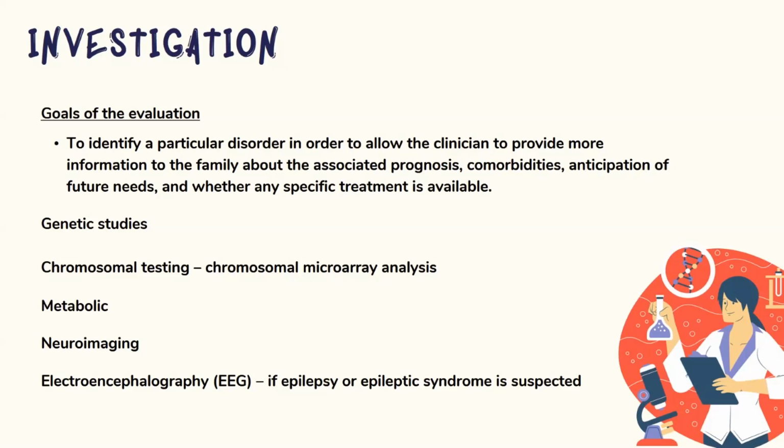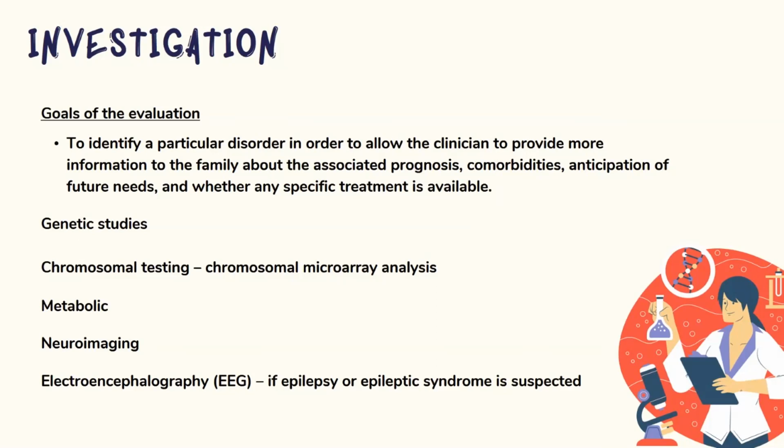And neuroimaging and electroencephalography are usually done if there's a history of any seizures or any degenerative neurological symptoms. Some of the findings we can find are CNS malformation and white matter abnormalities.